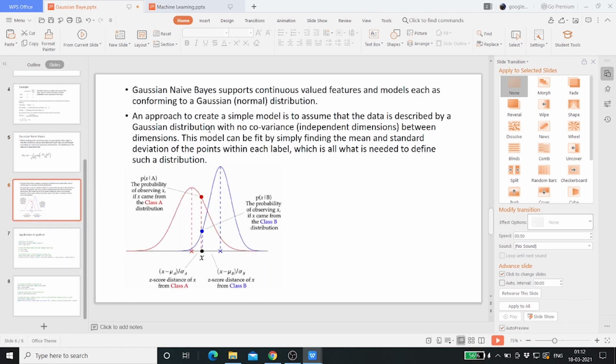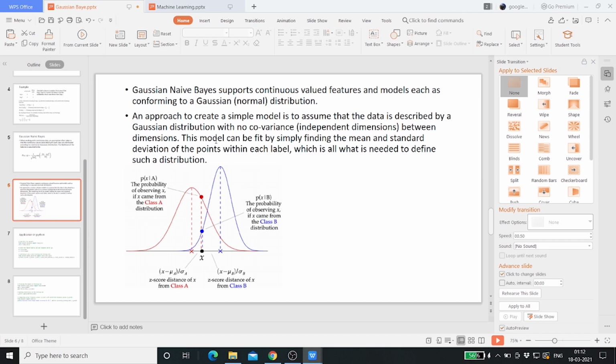Okay, so an approach to creating a simple model is to assume that data is described by a Gaussian distribution. So in a Gaussian distribution there exists no correlation between the features or the dimensions as we consider here. The model can be simply fit by mean and standard deviation within each label.